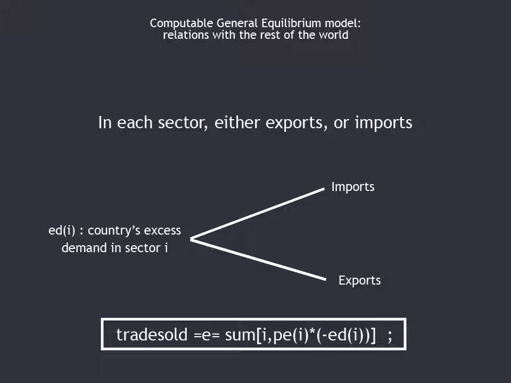And then we've got minus ED in sector i, because either ED is positive, which means that we've got imports, and you understand that the trade balance is exports minus imports, so we subtract imports. Or ED is negative, and so minus ED is positive, which means that in sector i we've got exports, and so we have to add exports.